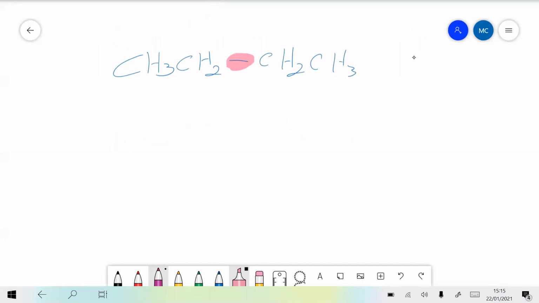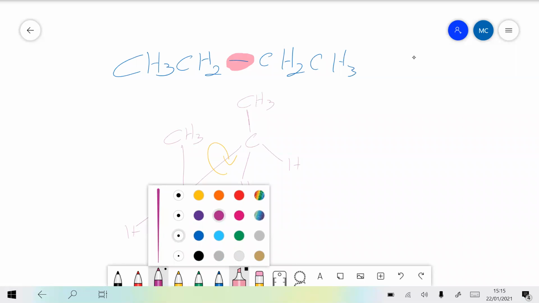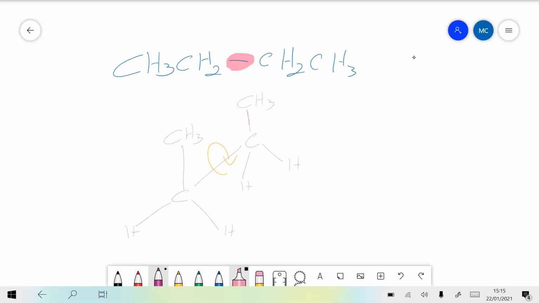So now, if I draw my sawhorse, there's going to be a difference to where the methyl groups are. The methyl groups can be in the same direction, but this bond can rotate. And if it's rotating, then I can end up with the methyl group being opposite.